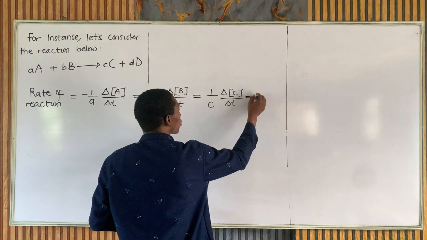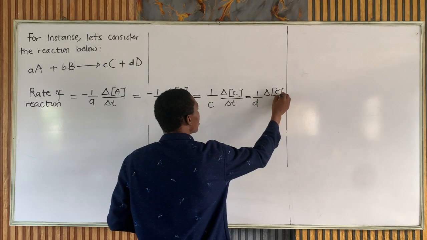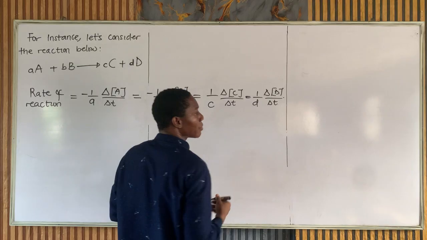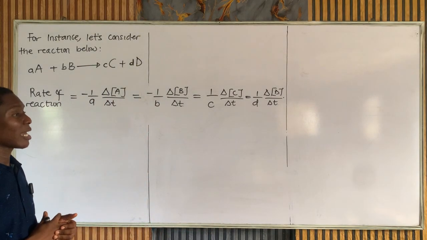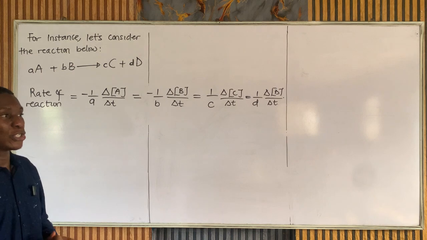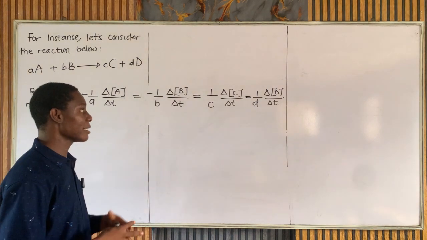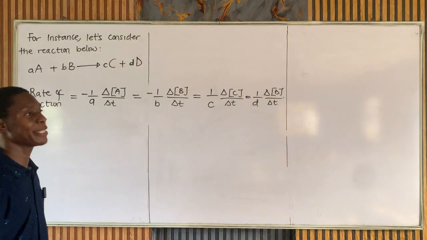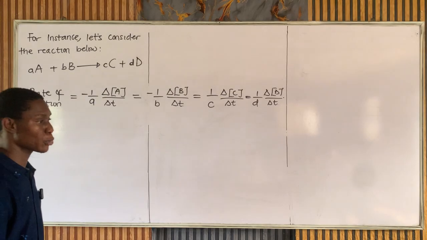And it's also equal to 1 over D, change in concentration of D over change in time. So this is how you find your rate of reaction. The other approach is based on experimental process, but we'll talk about that also.